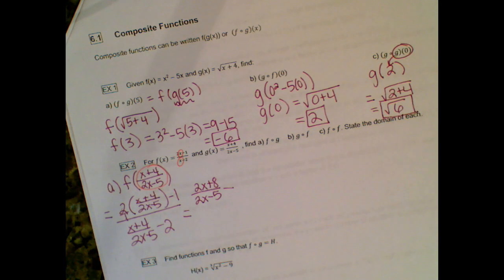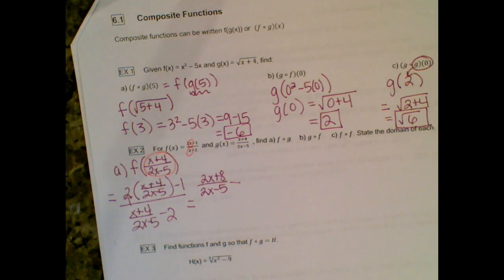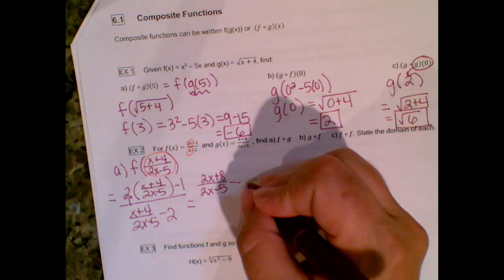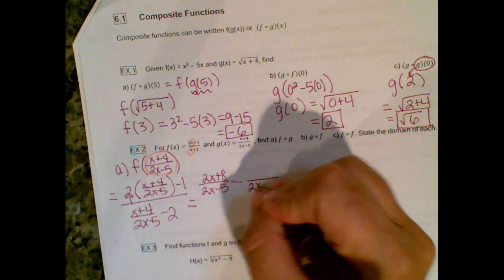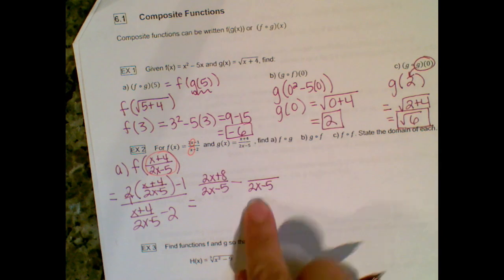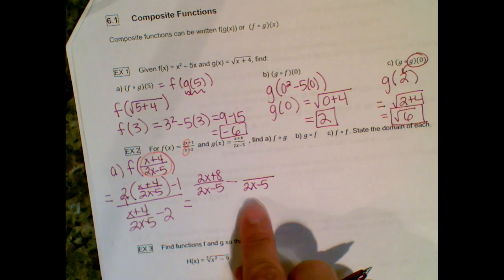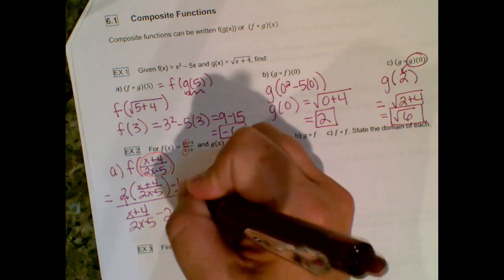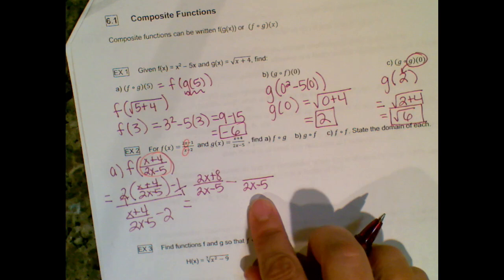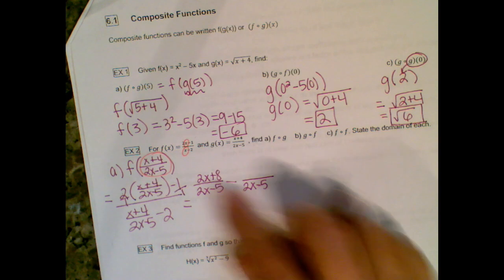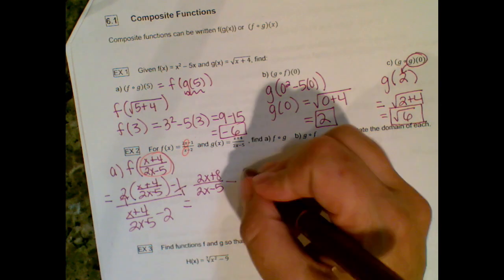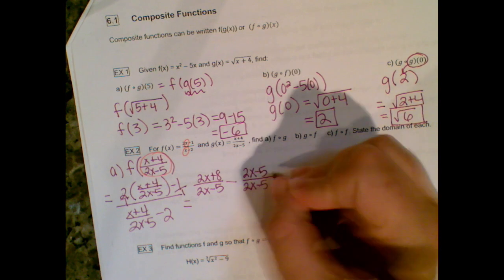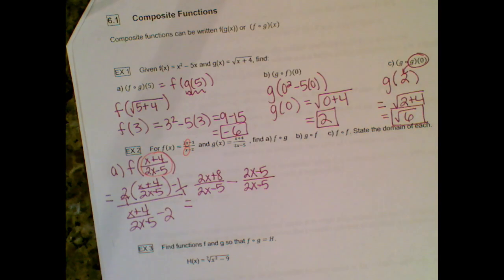Then I have minus 1. I know that I'm going to have to simplify this numerator, and you can't add and subtract fractions without a common denominator. So I know my common denominator needs to be 2x minus 5. So if I multiply the denominator of 1 over 1 times 2x minus 5, I do the same to the numerator. So instead of 1, I have this fraction.